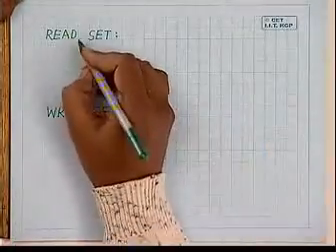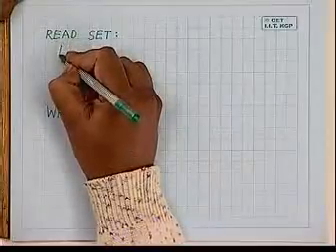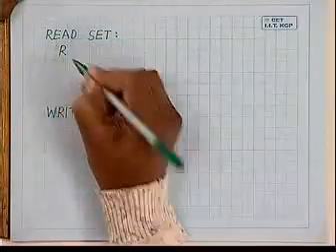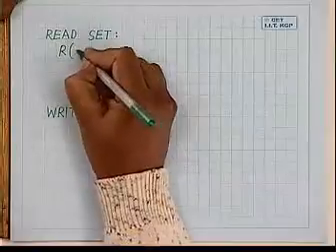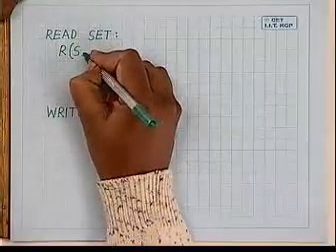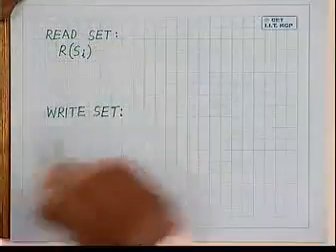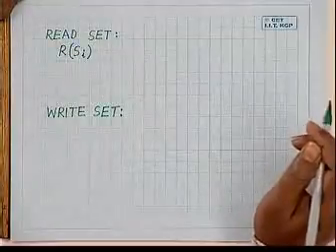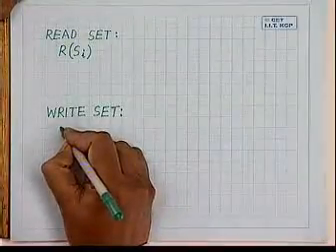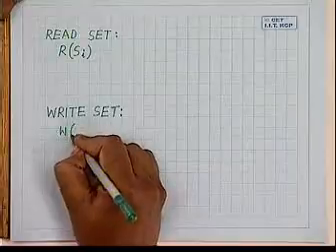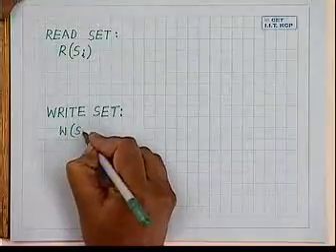The read set of a given statement or module is represented by RSI, where SI is the ith statement or ith module. The write set is similarly represented by WSI.